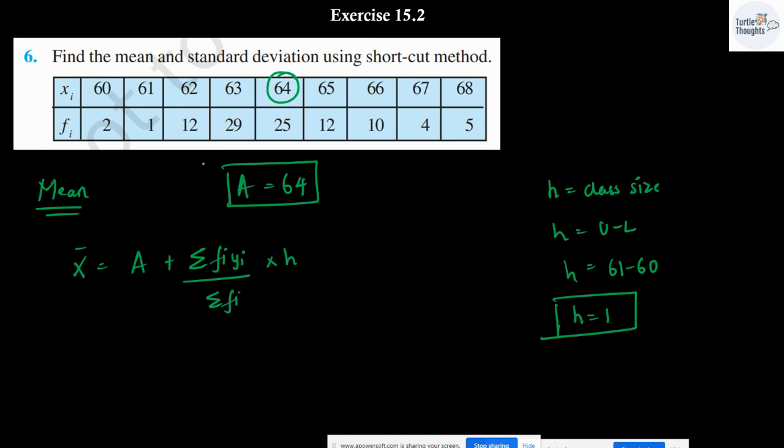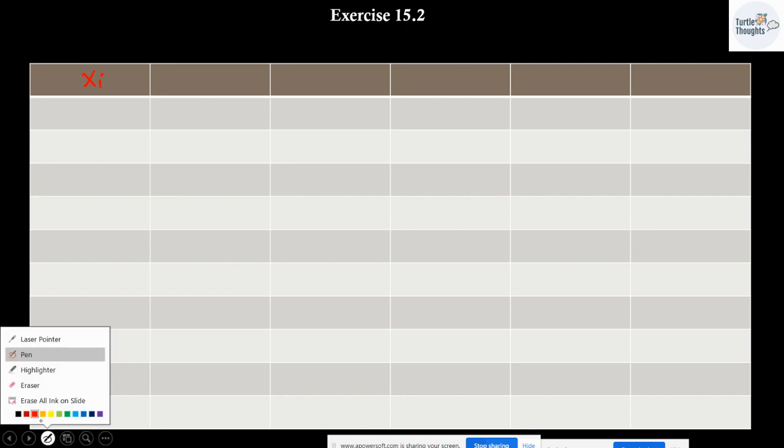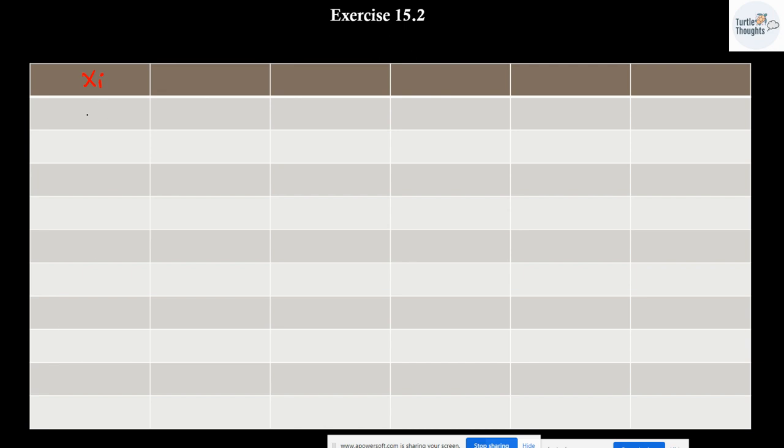So two things I have mentioned before I begin with the problem, right? Next, in the first column we are going to have xi. Let me make a note of xi. We have from 60 to 68. So let me write 60, 61, 62, 63, 64, 65, 66, 67, and 68.